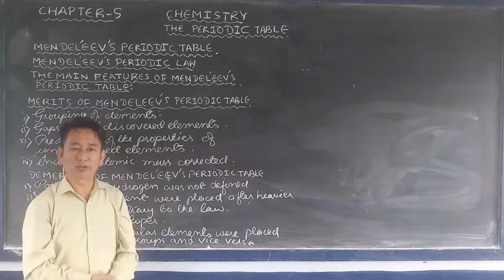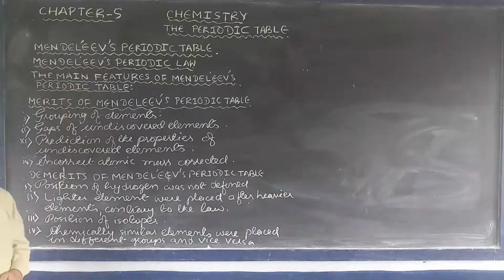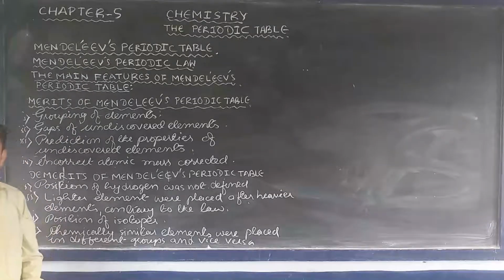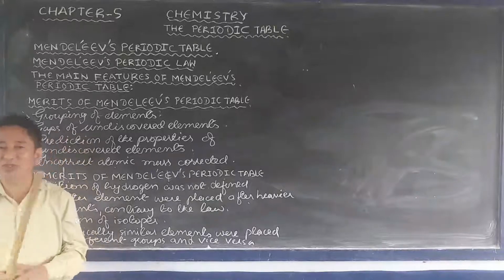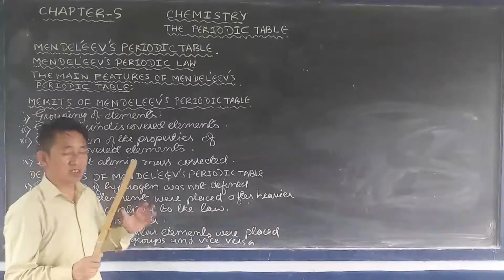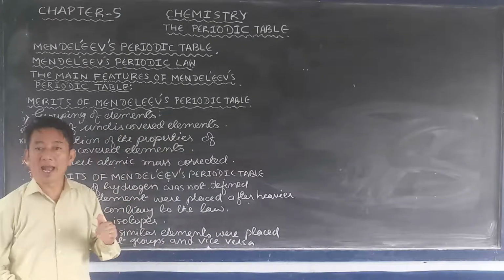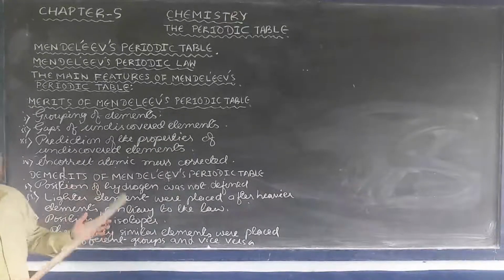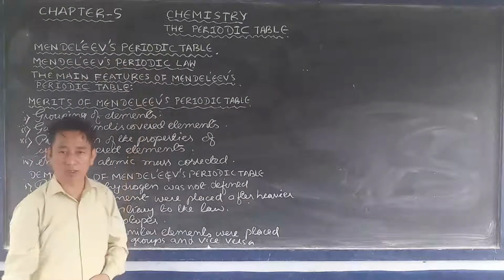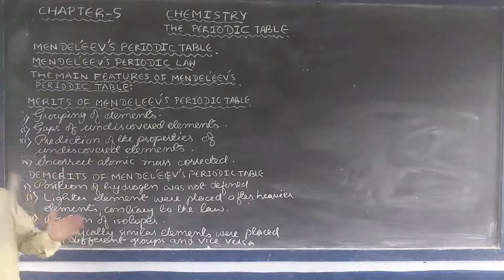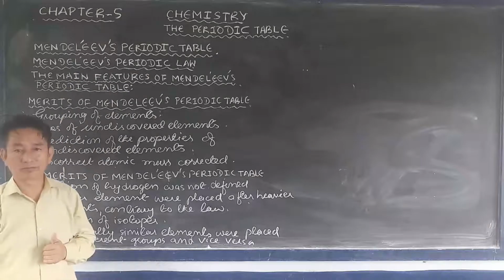Now, let's move on to today's topic, Mendeleev's periodic table. Dmitri Mendeleev in 1869 studied the properties of 63 elements. And he arranged the elements in the increasing order of their atomic masses in tabular form, which is known as Mendeleev's periodic table. And he proposed his law, known as Mendeleev's periodic law.